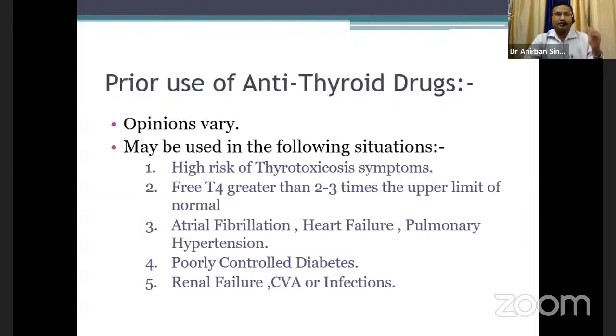I'm not going into details. Before radioiodine therapy, we need antithyroid drug therapy to normalize the risk in high-risk thyrotoxic patients with poorly controlled symptoms. Other conditions like atrial fibrillation, heart failure and renal failure need to be corrected.